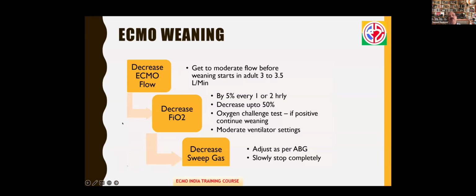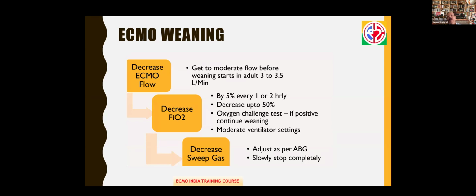But one of the popular methodologies is this: first, decrease the ECMO flow in an adult to 3 to 3.5 liters, say, you come down to that ECMO flow. Then you reduce the FiO2, otherwise we call it the sweep gas also, by 5% every 1 to 2 hourly, decrease up to 50%. And you can subject the patient to oxygen challenge test, see if it is positive.